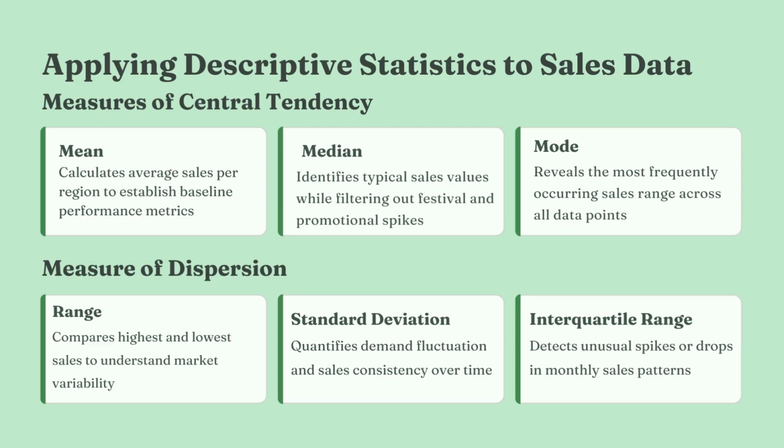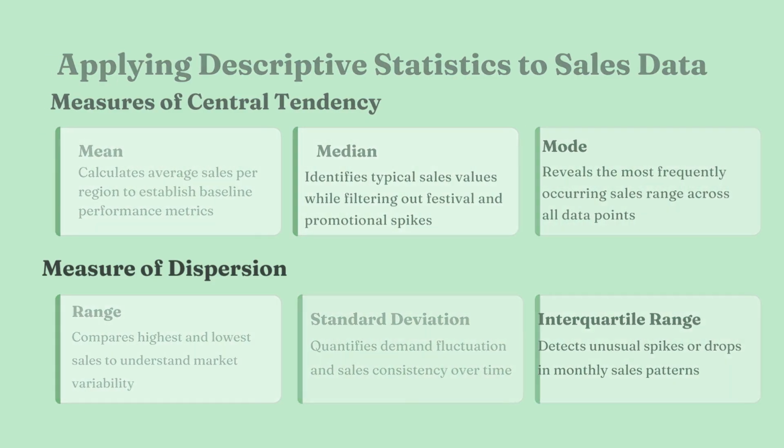Moving to measures of dispersion, the range compares the highest and lowest sales values to understand overall market variability. Standard deviation measures demand fluctuations and sales consistency over time, while interquartile range, or IQR, helps detect unusual spikes or sudden drops in monthly sales patterns.